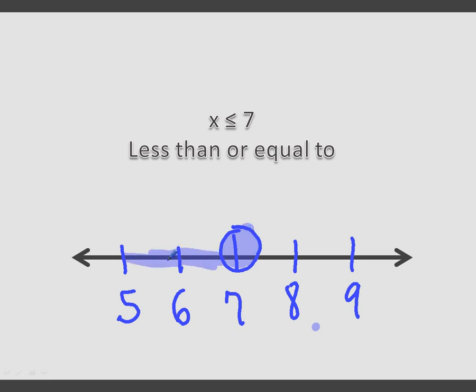And again, less than, we're going to shade to the left. So the difference is just, the first one had an open circle, meaning it's not shaded in, and then the second one had a closed circle, meaning that we did shade it in because 7 is included in our solution.